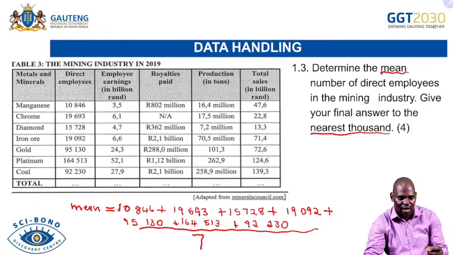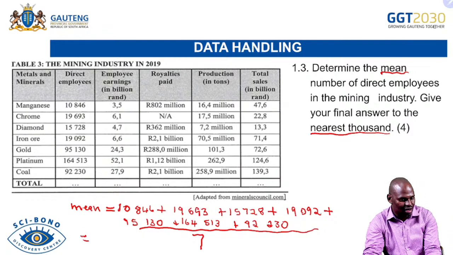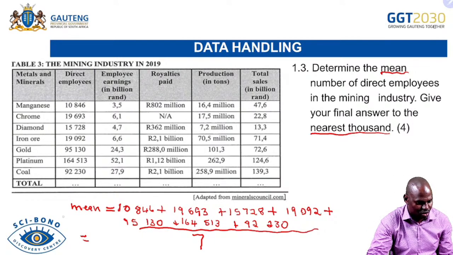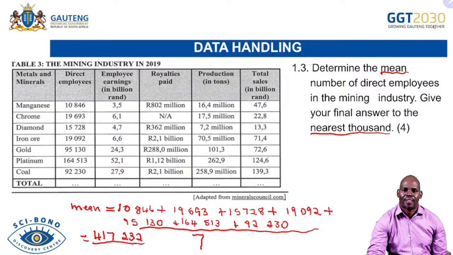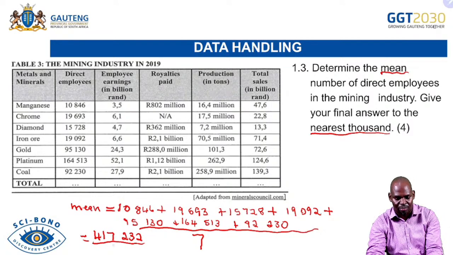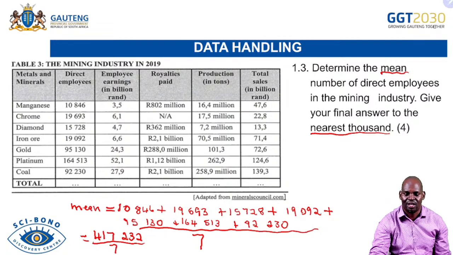Then when I add all of them, I get the number there is 417,232. And then I divide it by the number they are divided by 7.